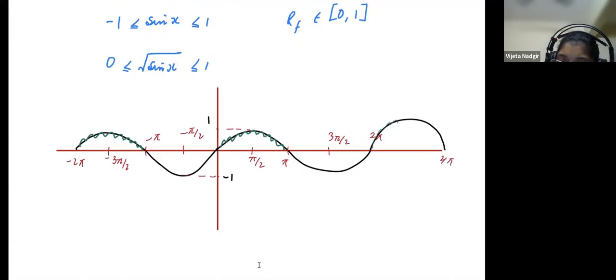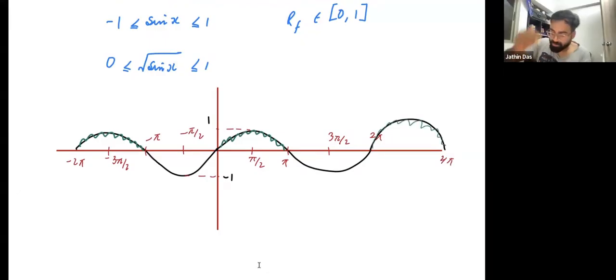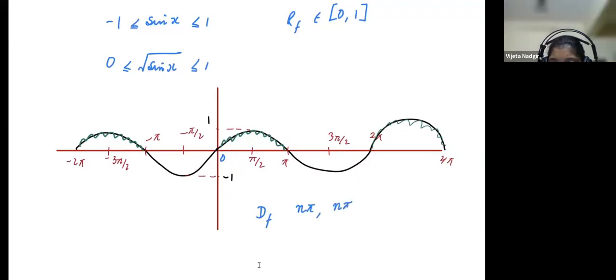So again this region, and so on. So you can create a pattern for this. Domain is 0 to pi. So you can think 0 is getting added up with n pi, so 2n pi to 2n pi plus pi.